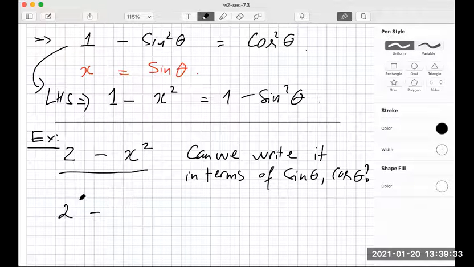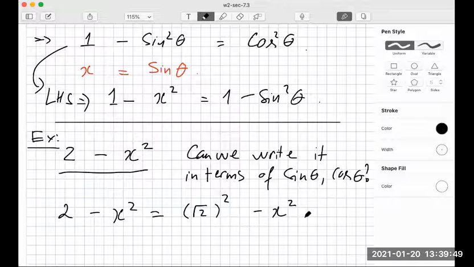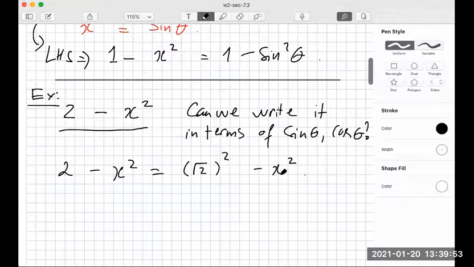Thank you. So this 2, we can write it as a square root of 2 squared. Very good. And x squared here, what should we define?